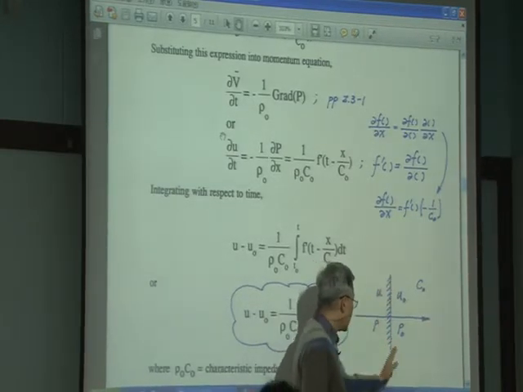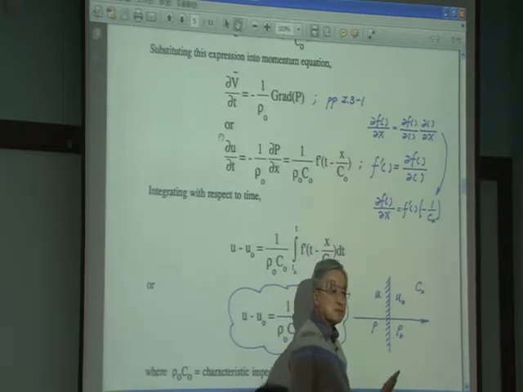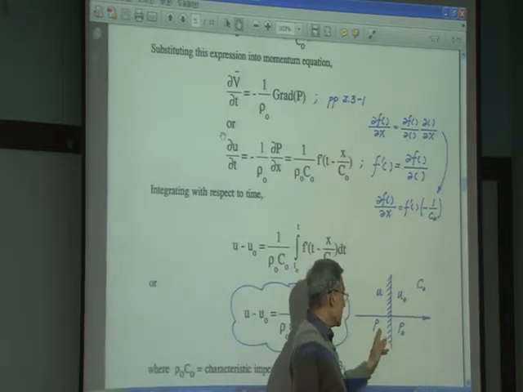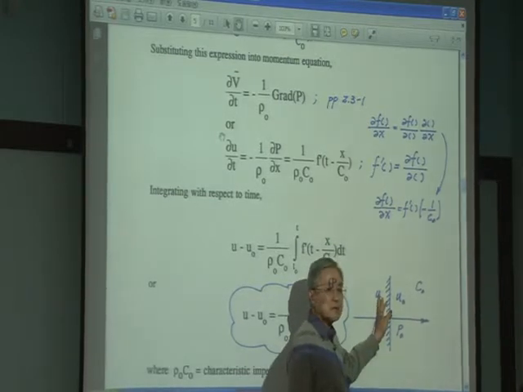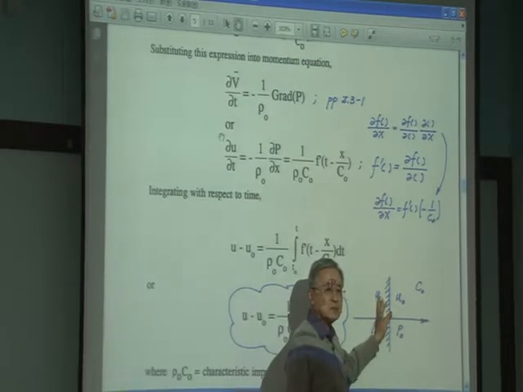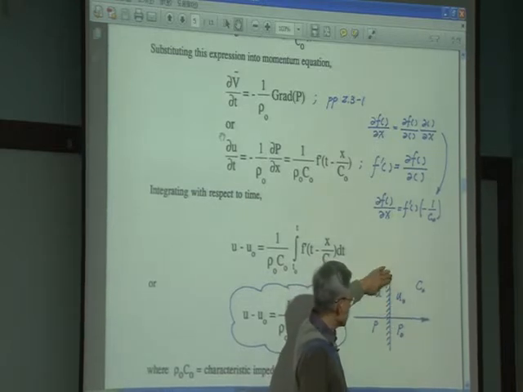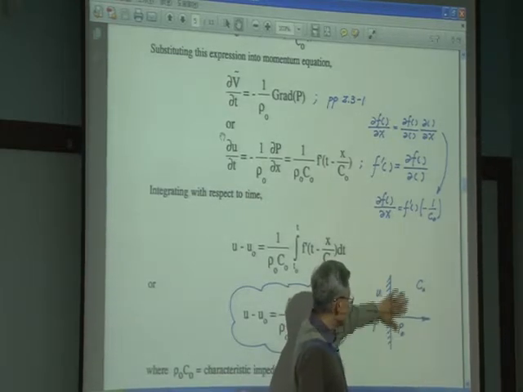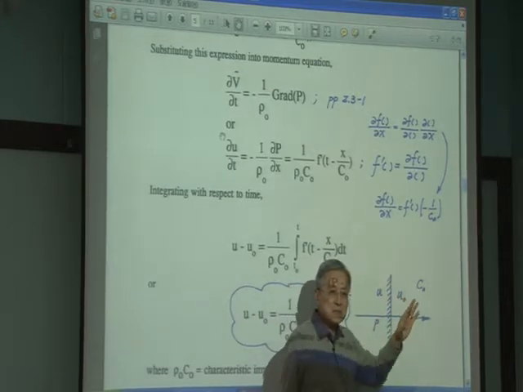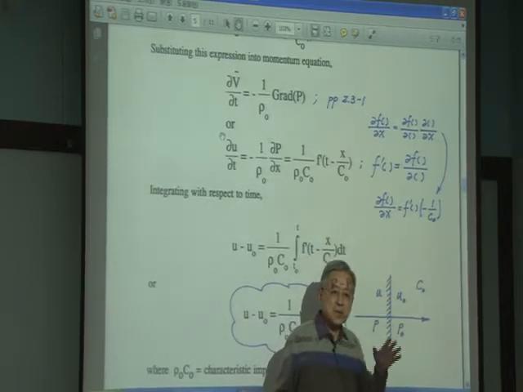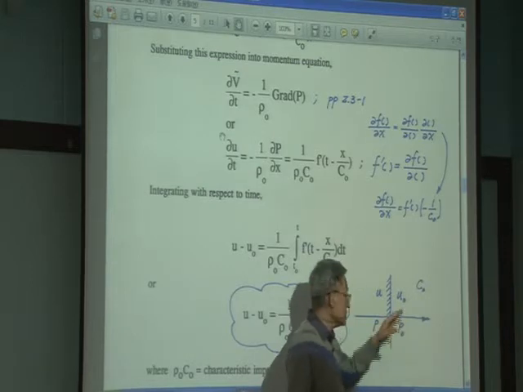Then behind this incident shock wave, you have a pressure P and the fluid particle velocity U. You can say this area is fluid, and fluid is a collection of fluid particles.